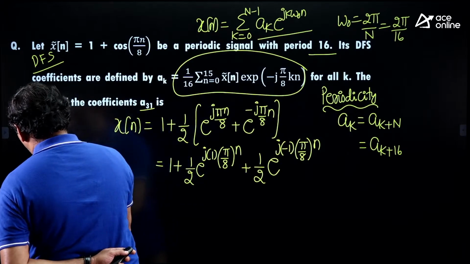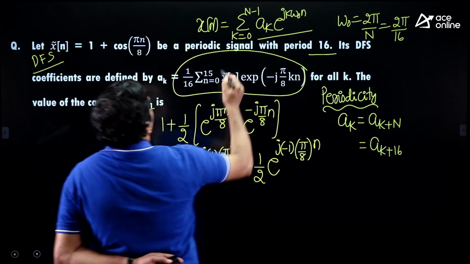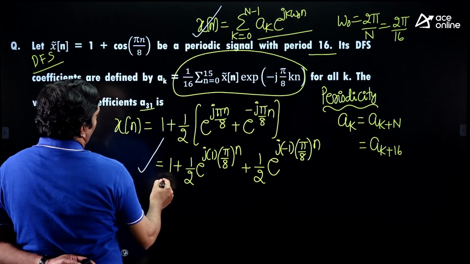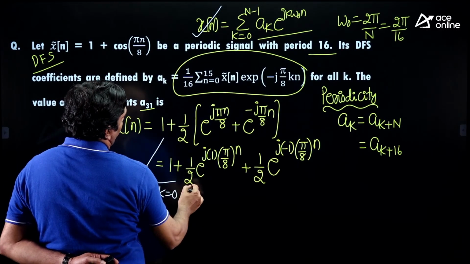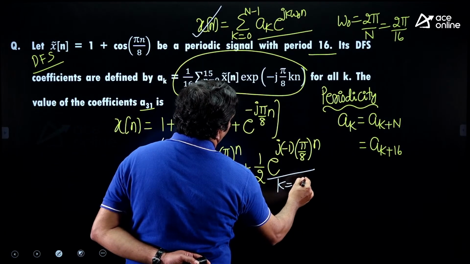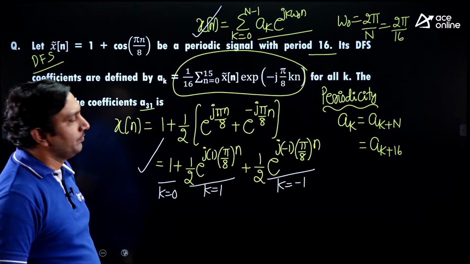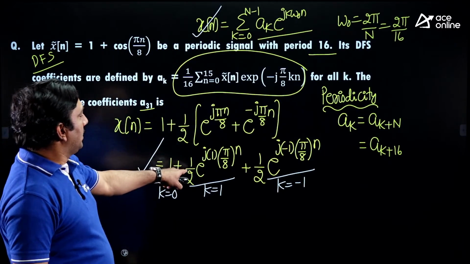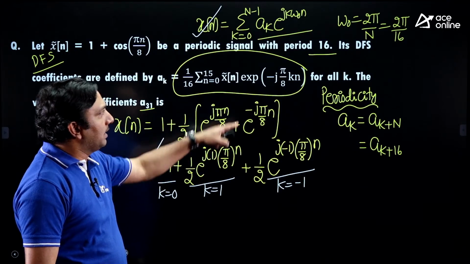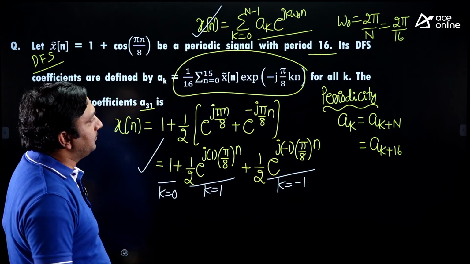Compare this form and this expression, from which you can say k value 0 here, k value 1 here, k value minus 1 here. Each term neatly looks like a_k e power jk omega naught n. Omega naught is of course pi by 8.